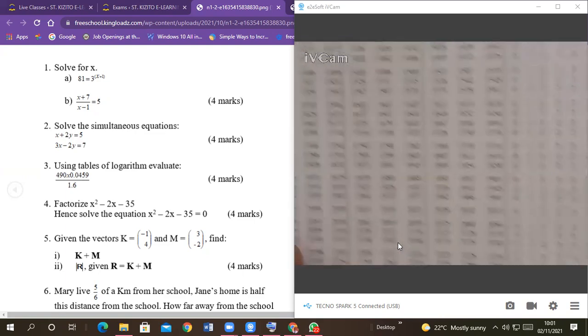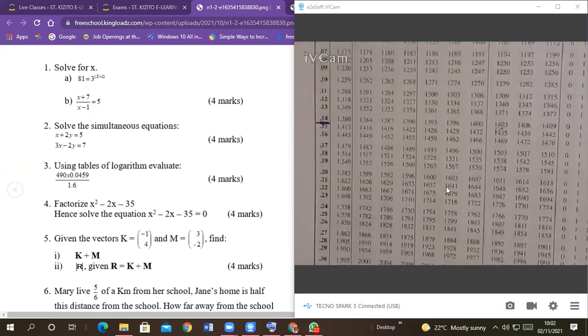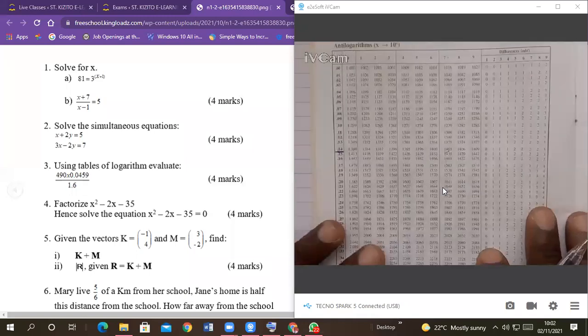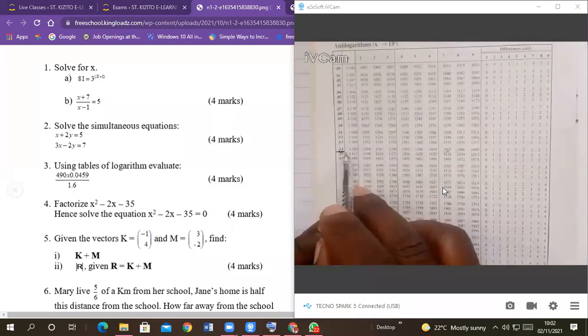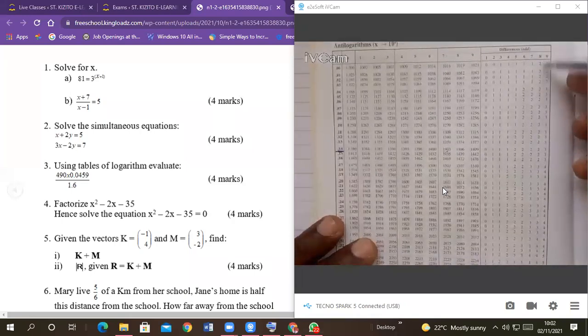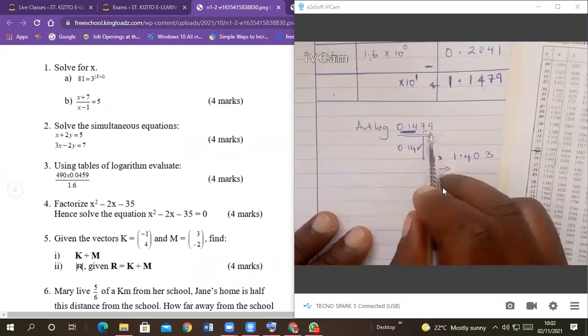Okay, so we go back. I'll zoom out slightly for you to see the overview here. So this is 1.4, and I want to go to the column of 9. Now 9, we shall get it from this side where there is a difference. Why? Because this is another decimal place.